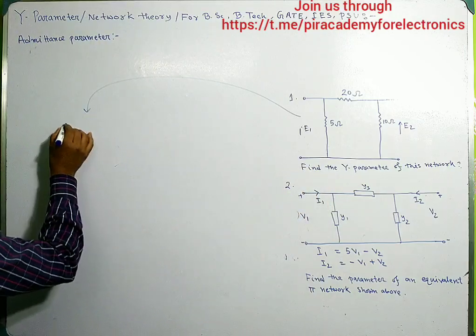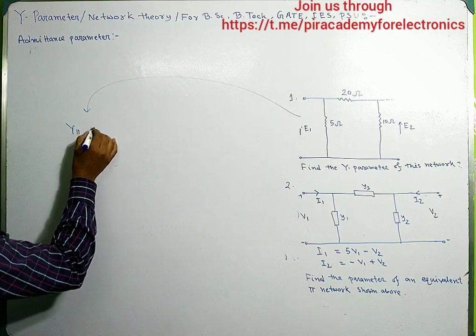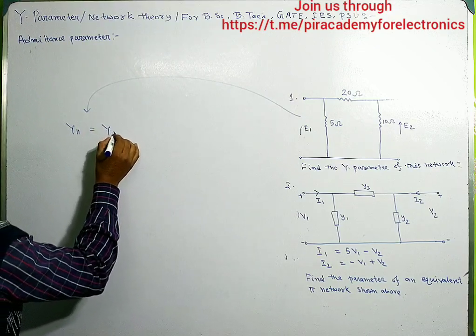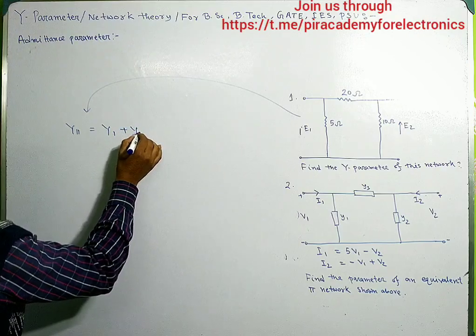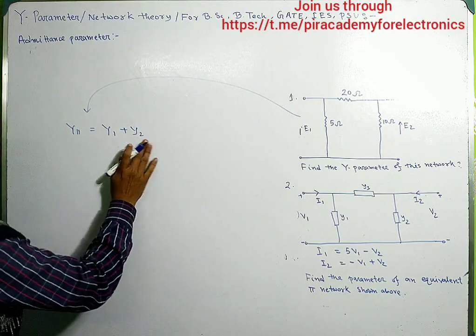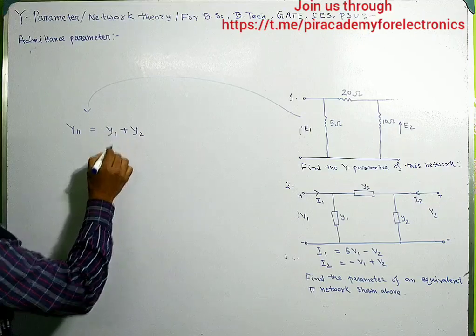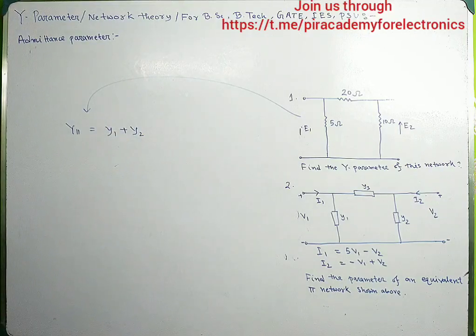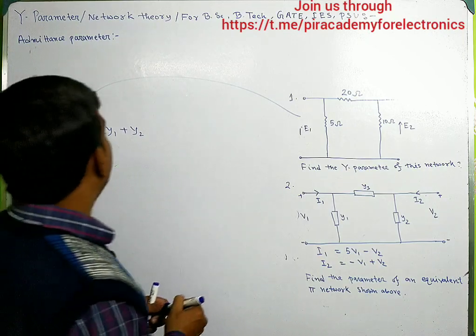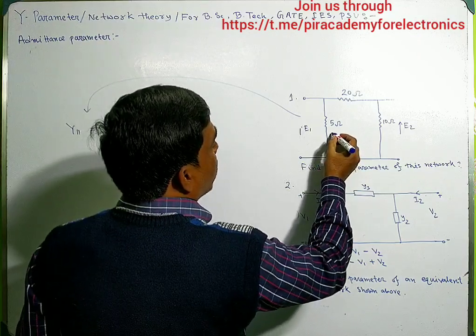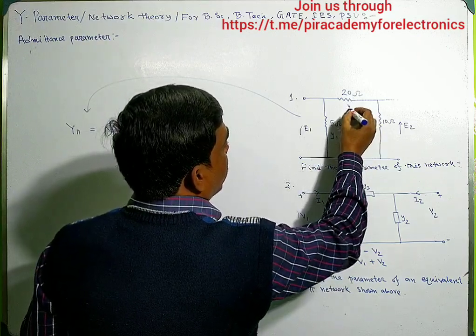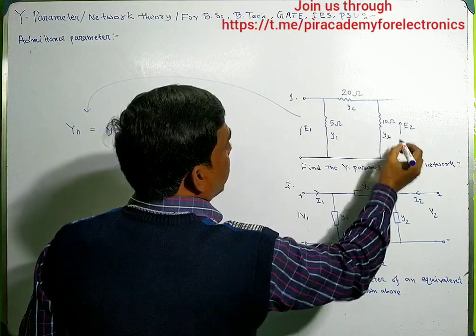So y11 is given by y1 plus y2. This is y1, this is y2, and this is y3, suppose.